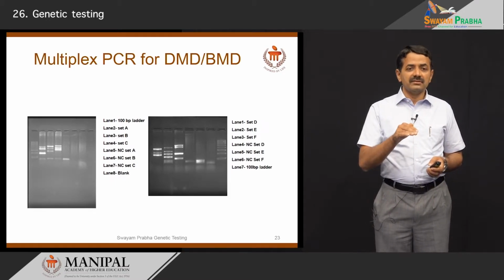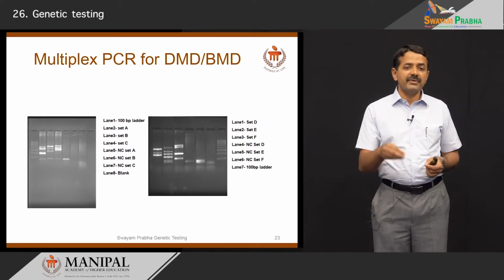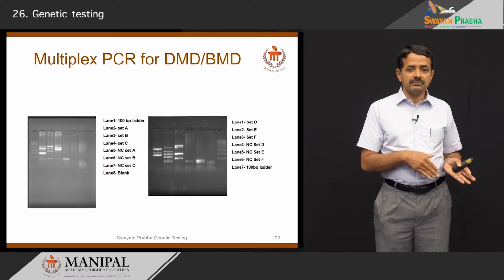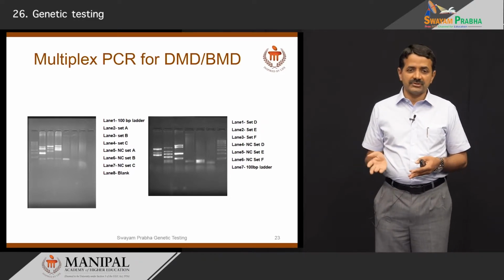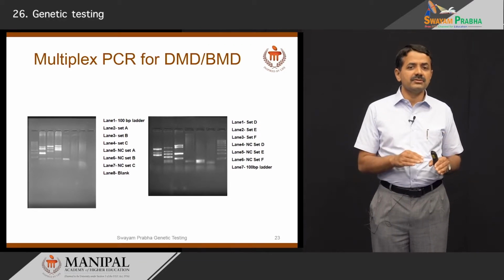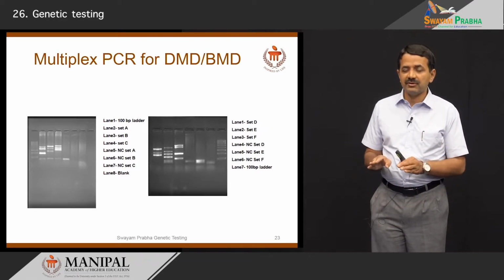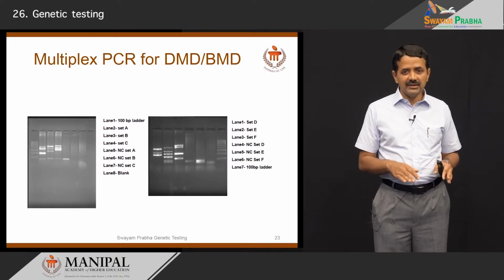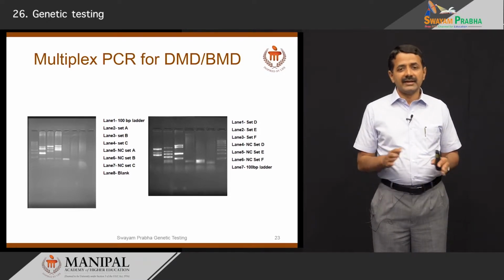Several exons are amplified in one reaction, 3 to 4 exons from most of the common hotspots. What you need to remember is Duchenne muscular dystrophy is usually caused by deletions of several exons of the DMD gene, rarely duplications and rarely point mutations.